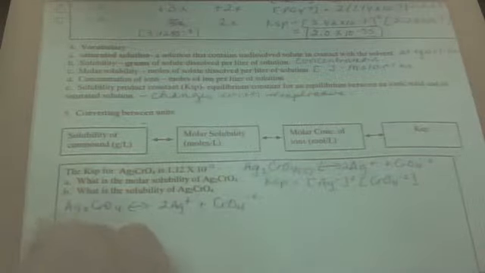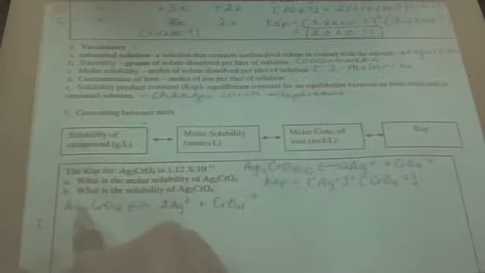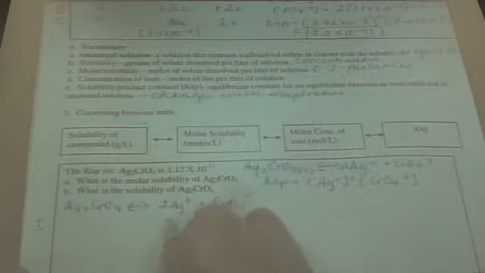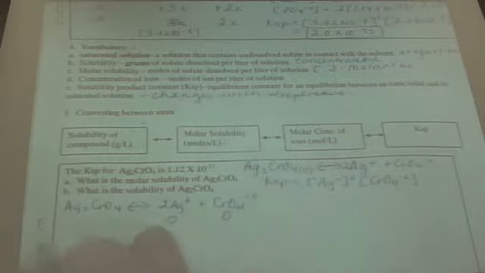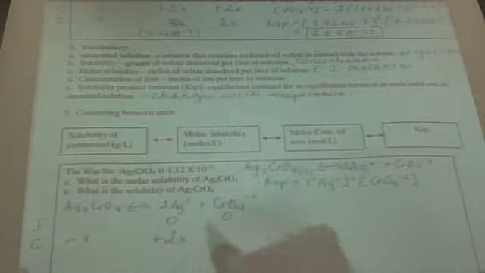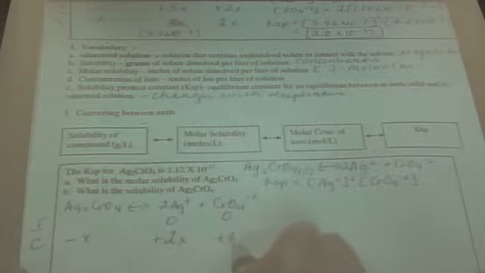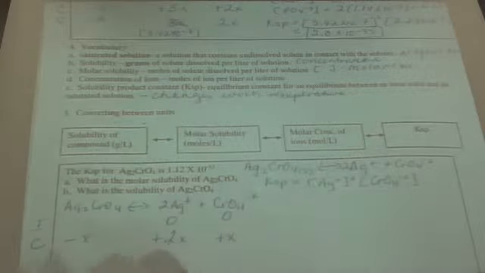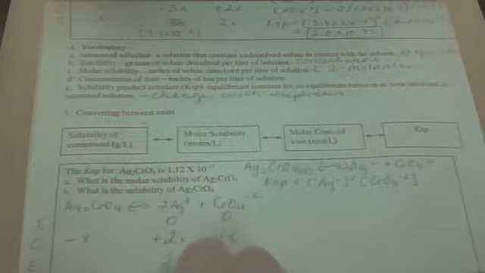So initially, I have some amount of silver chromate that really doesn't matter, but I have no silver ion and no chromate ion. The change at equilibrium is some of this will dissolve, making 2 times this, and the same amount of chromate. So at equilibrium, I have this and this.